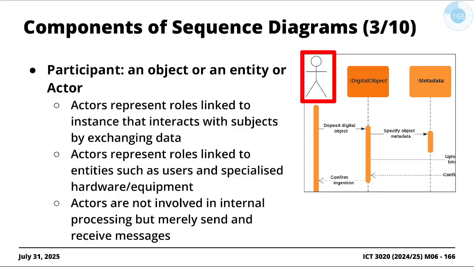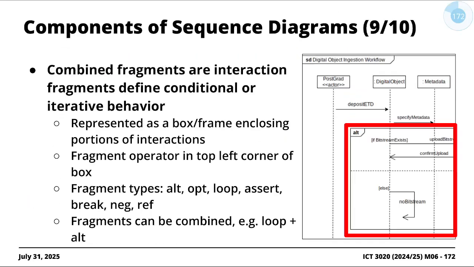So a number of combined fragments can be used. They're represented as a box or a frame, which encloses a portion where that particular interaction is taking place. The operator, the actual action being performed, is in the top left corner, right? And these are the types that are there.